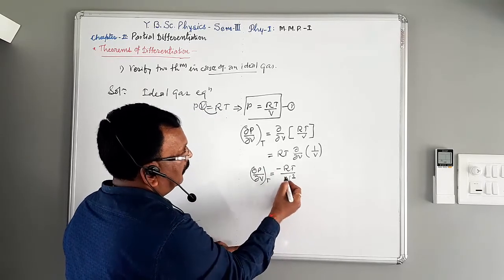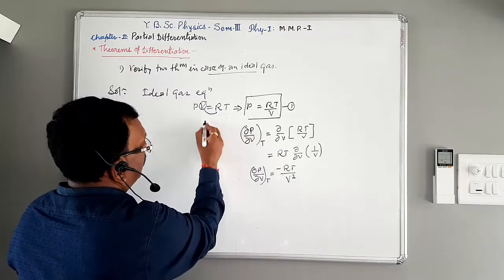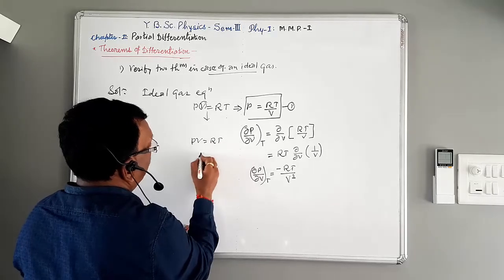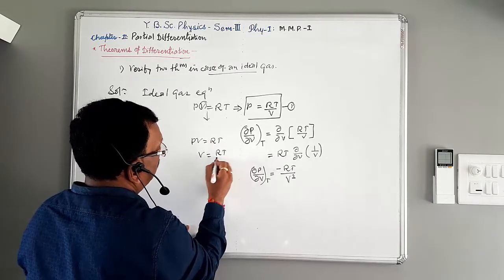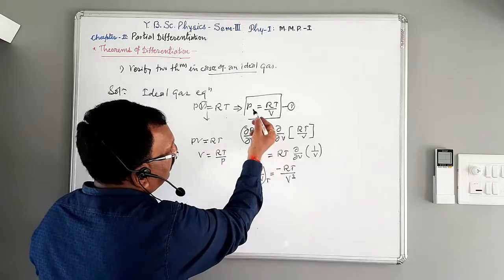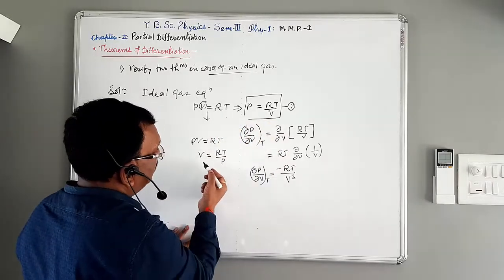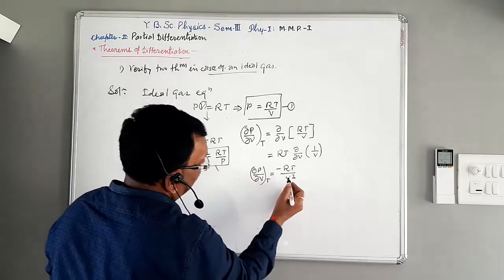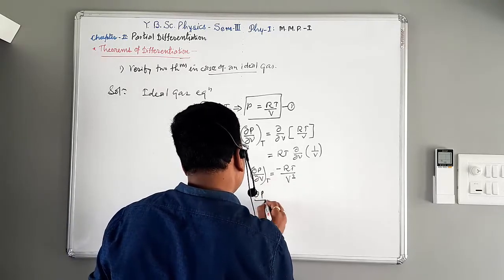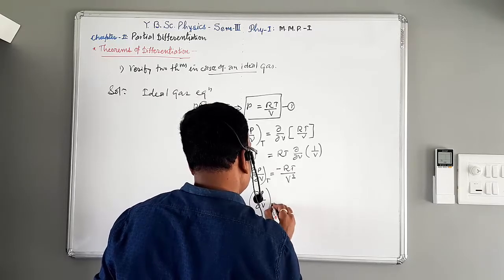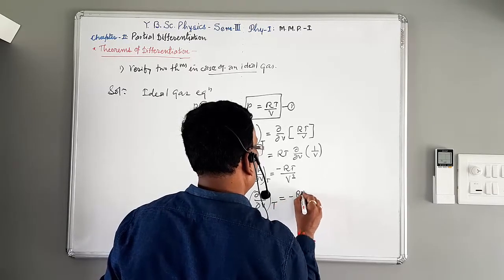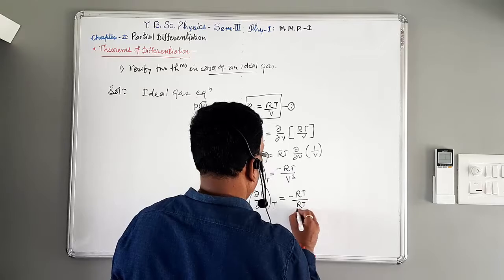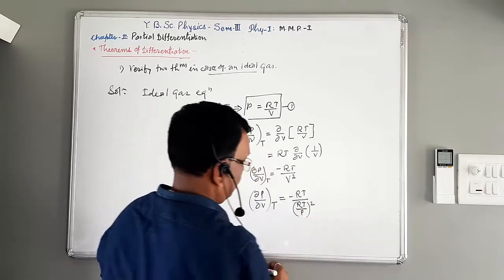Again, from equation 1 we can rearrange, that is PV is equal to RT implies V is equal to RT upon P. Firstly we shifted V towards the right, and now we shifted P towards the right, and we get the value of V. Substitute this value of V in this equation, we have ∂P/∂V at constant T is equal to minus RT upon (RT upon P) whole square.